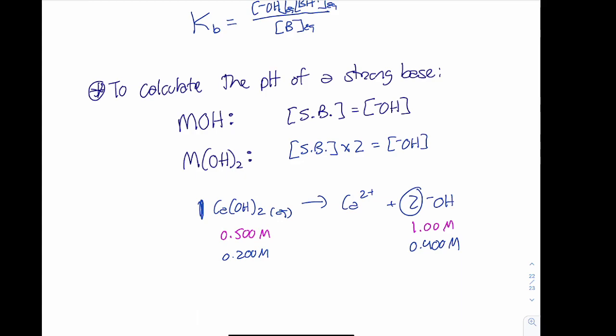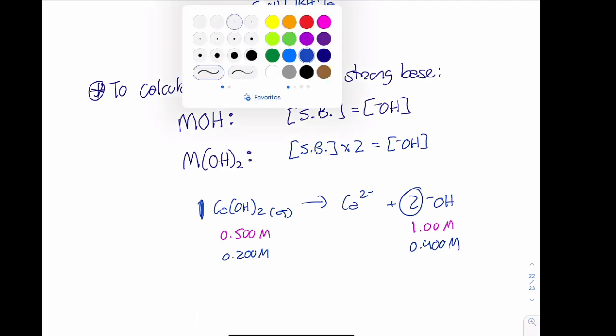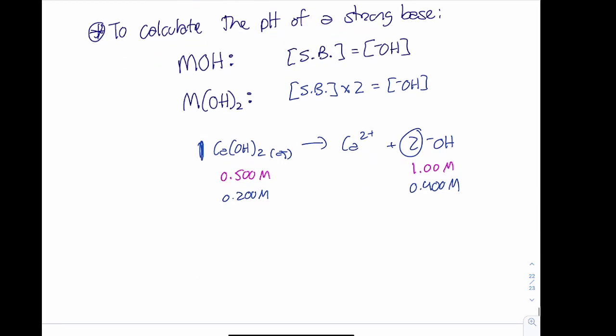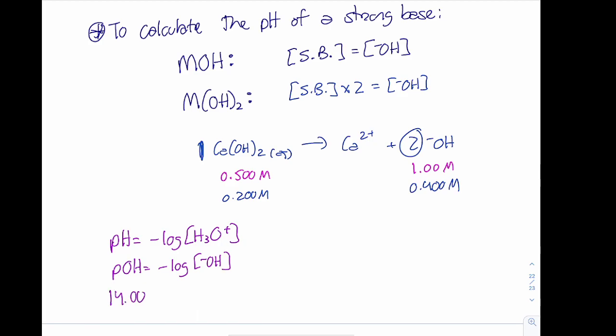And then once you have that, remember pH is the negative log of our hydronium ion concentration, not hydroxide ion concentration. So this is one that you could do 2 different ways. We could figure out our pOH, that's the negative log of my hydroxide ion concentration, and then subtract that number from 14, because pOH plus pH is equal to 14.